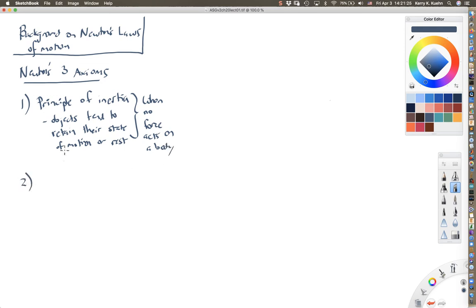The second law of motion says that when an object feels a force, its motion changes. So an object experiencing, I should be careful here, a net force, by that we mean an unbalanced force, experiences a change in its state of motion.